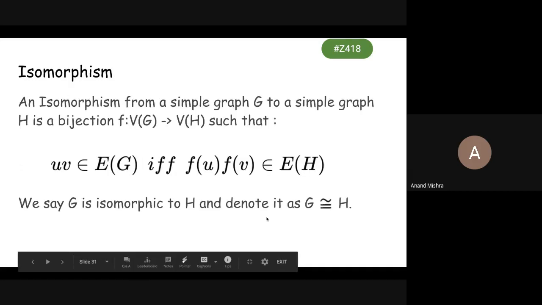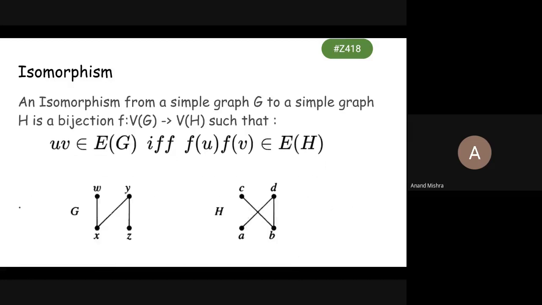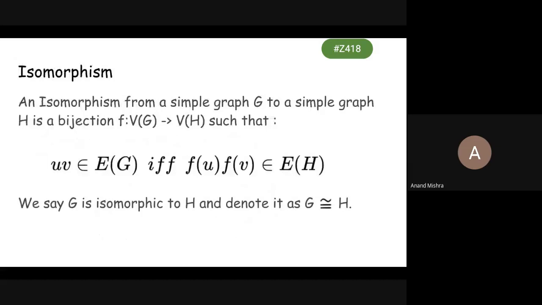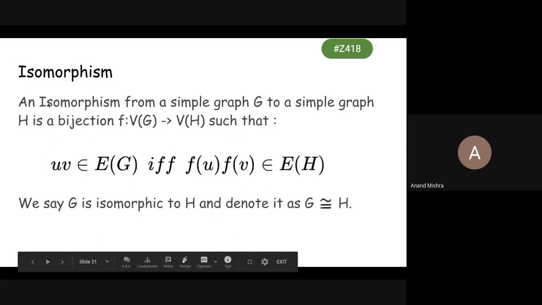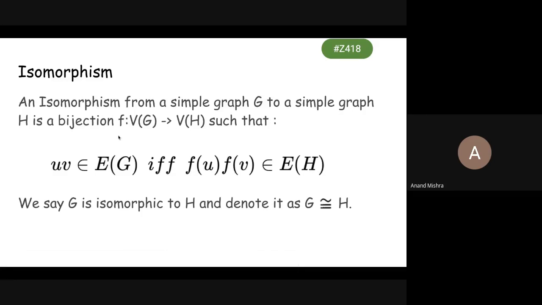Okay, so this is perhaps the last concept for today, mostly: what is an isomorphism? An isomorphism from a simple graph G to a simple graph H is a bijection, right? Bijection means one-to-one, a function f from V_G to V_H.